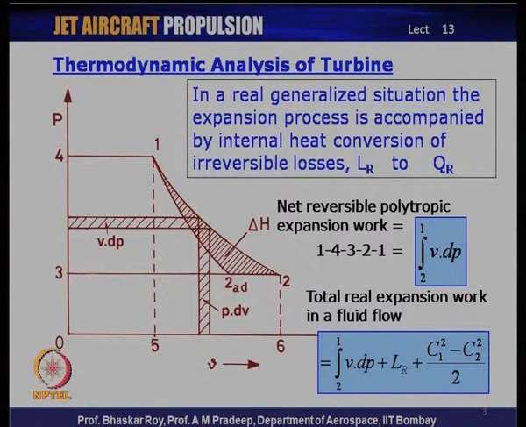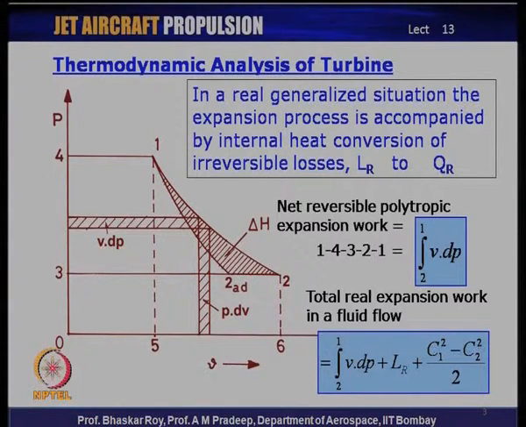This we have seen before; it is normally given in terms of the integral from 1 to 2 of VdP. Correspondingly, the real expansion work of a fluid flow can be written as the integral from 1 to 2 of VdP plus Lr, which is the loss normally occurring, and the differential of the kinetic energy at the entry and exit of the turbine.